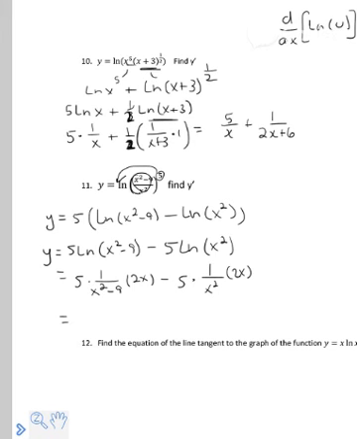So we're going to have 2x times 5 is 10x over x squared minus 9 minus, now this x can cancel with one of those x's, so 5 times 2 is 10, so 10 over x.